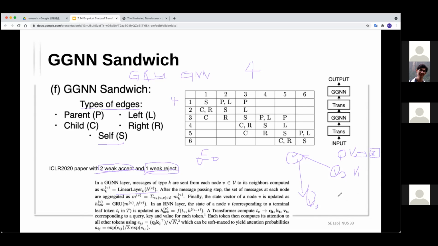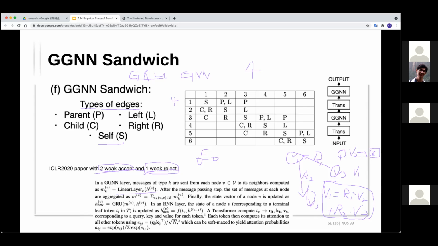After the first step, the new embedding of V1 is maybe R1 multiply V2 plus R2 multiply V3. Because these 2 edges are different, R is actually different. This is message passing, the simplest message passing.